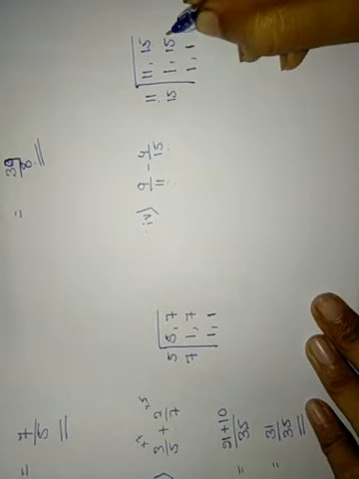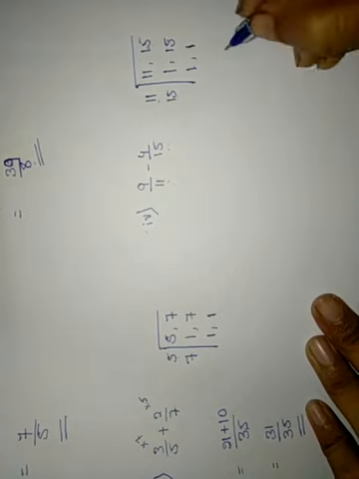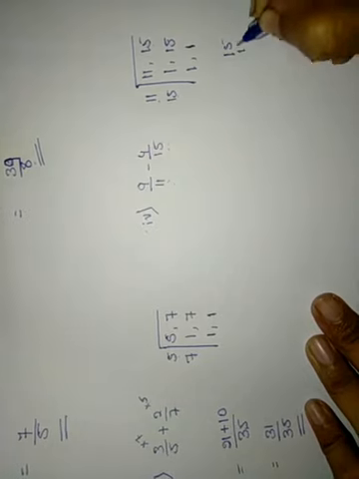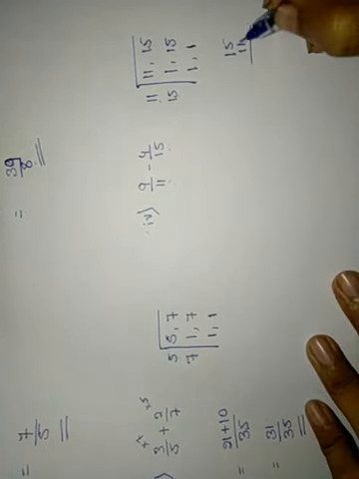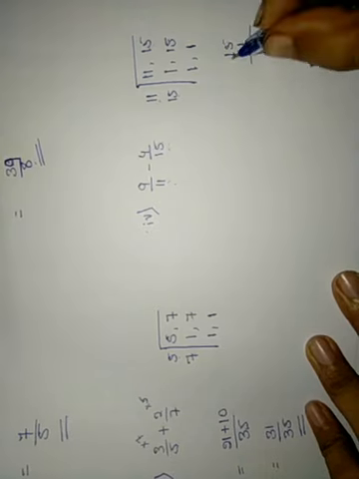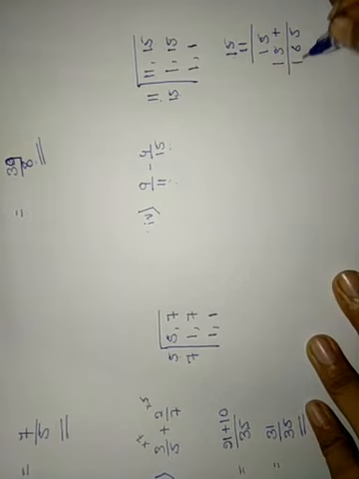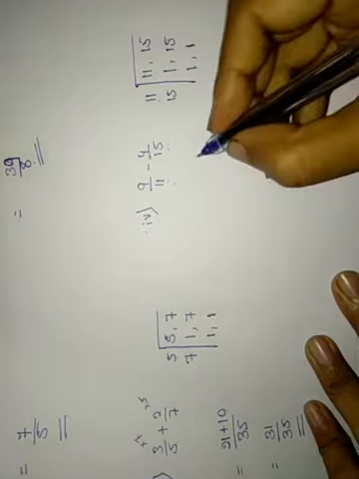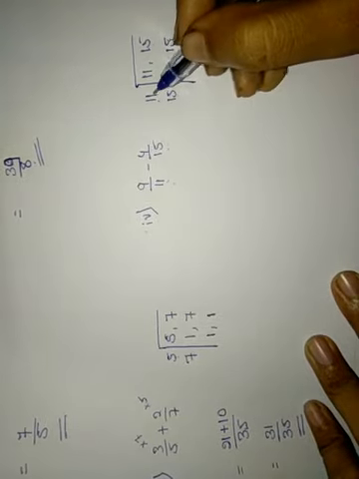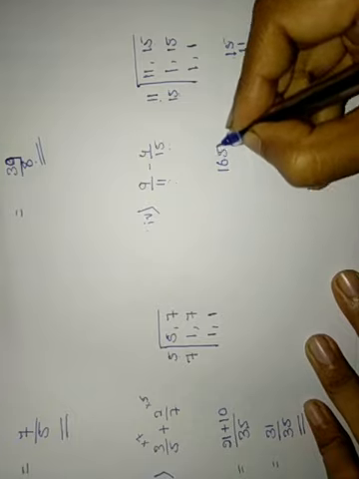Again 15 ones are 15. Now 11 into 15, or 15 into 11, will get 5 1s are 5, 1 1s are 1 plus 1 5s are 5, 1 1s are 1. 5 6 1. We got 165. The LCM of 11 and 15 is 165, right?